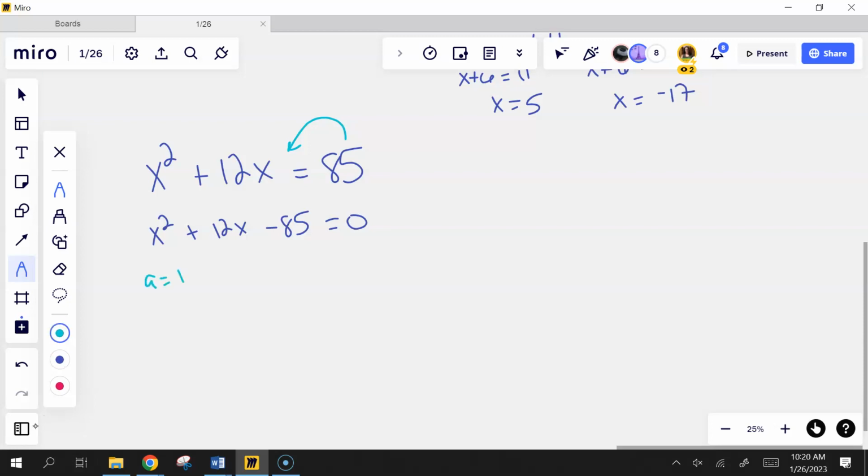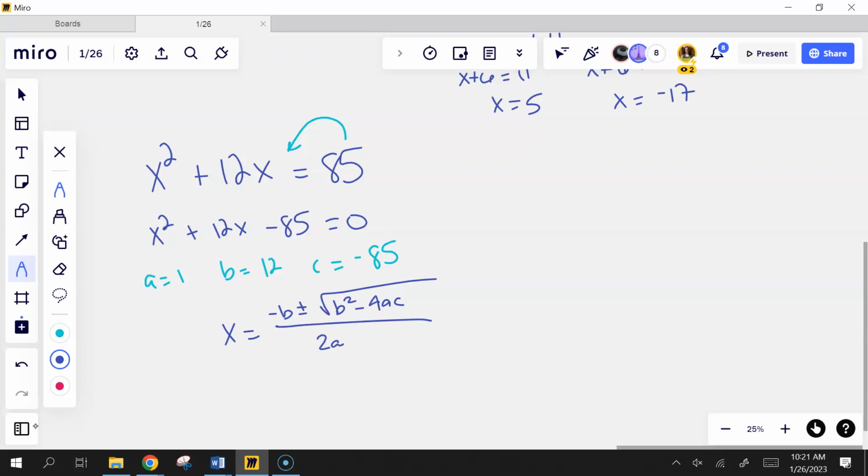B? C? X equals. Remember, it's opposite B plus minus square root of B squared minus 4AC all over 2A.